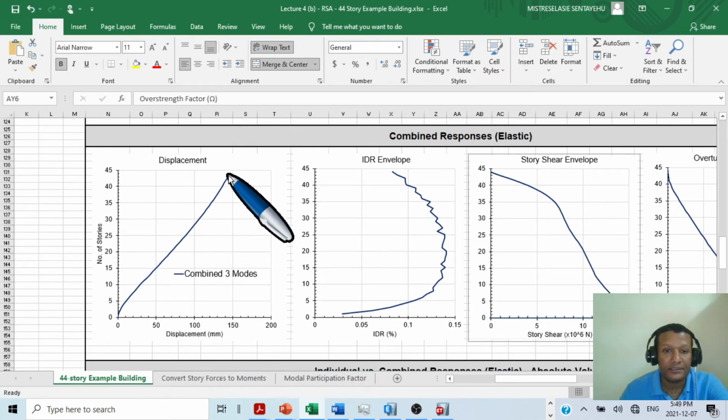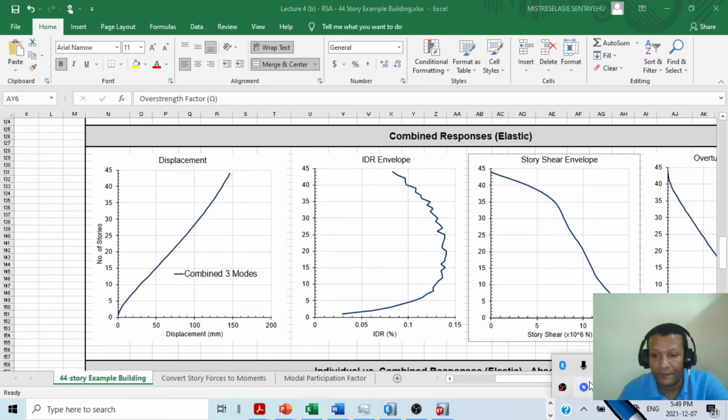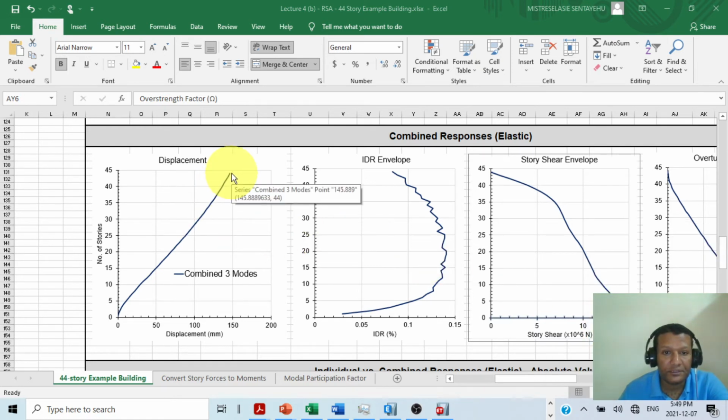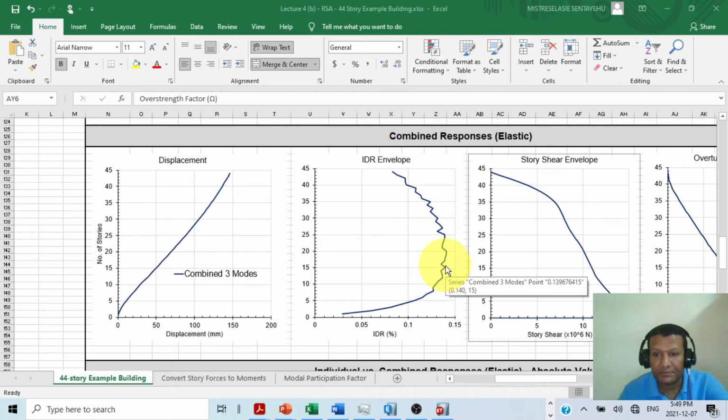Let me change this one. This is story displacement combined, and the maximum is around here, and this one also here.